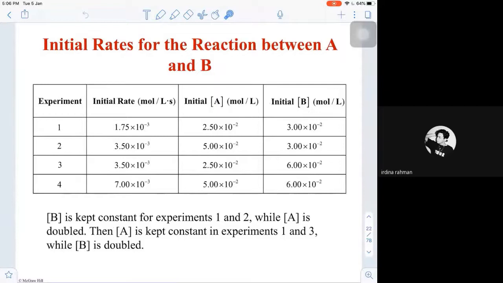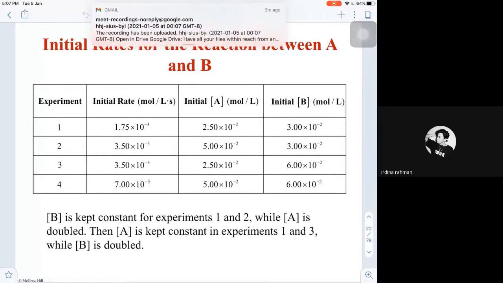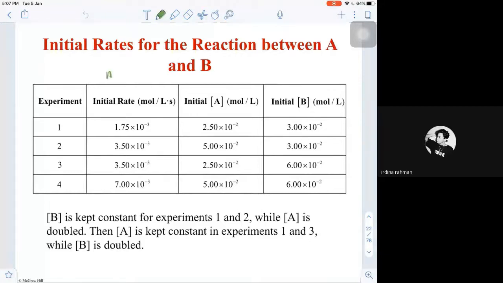So this is a reaction of A plus 2B produce C plus D, if you look at the textbook. What they did is they ran several experiments, in which they changed the concentration of both reactants A and B.